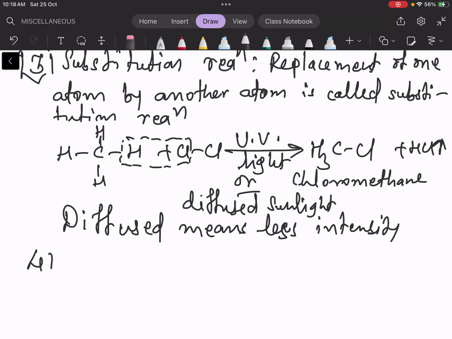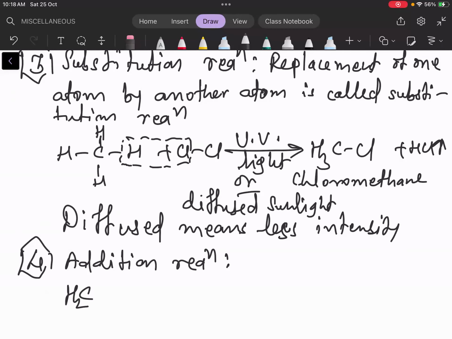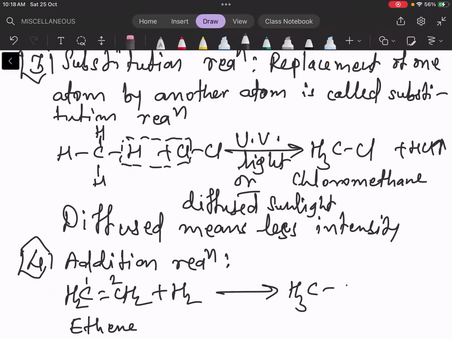The next one, the fourth one, is addition reaction. Now CH2=CH2 plus H2. What is this? Ethene. One hydrogen atom is added to the first carbon, another hydrogen atom is added to the second carbon. The double bond is converted to a single bond.